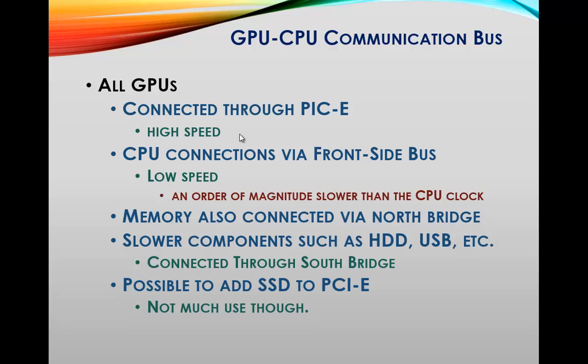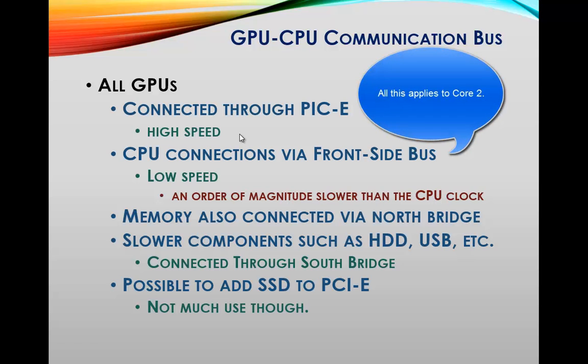So the communication speed between your graphics card and CPU is not really the limiting factor in terms of your speed and throughput of your data communications. The front side bus is the bottleneck.